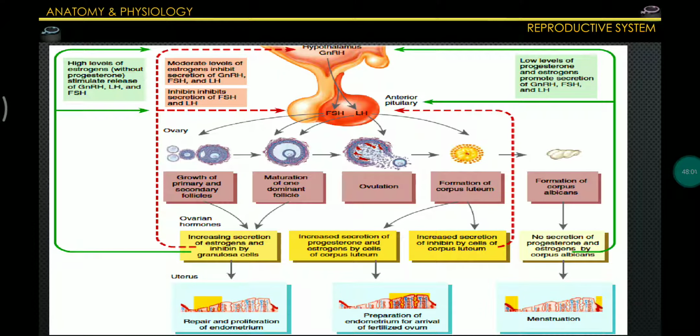Here we can see the different phases: menstrual phase, pre-ovulatory or follicular phase, ovulatory phase, and secretory phase. By this we have completed the reproductive system in human anatomy and physiology.